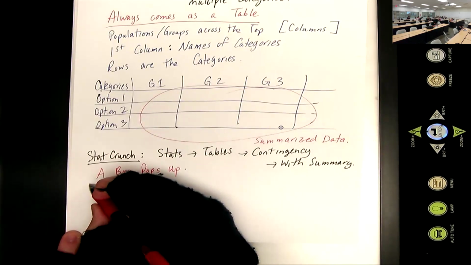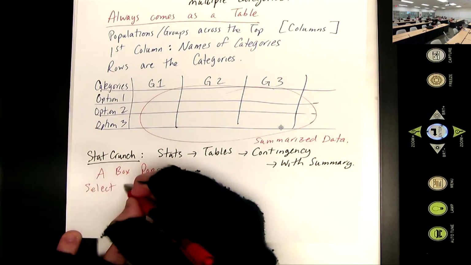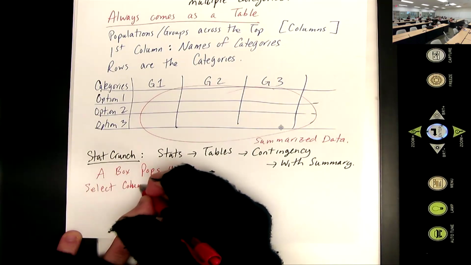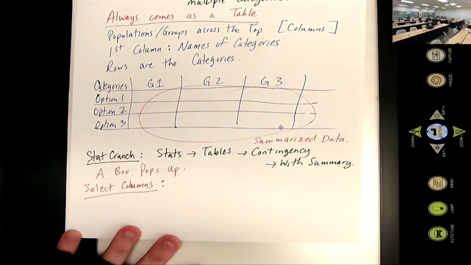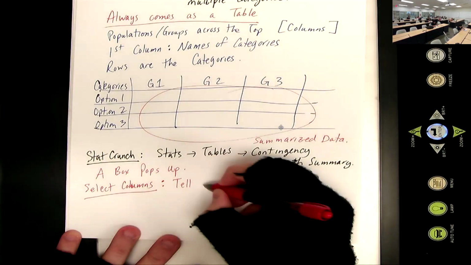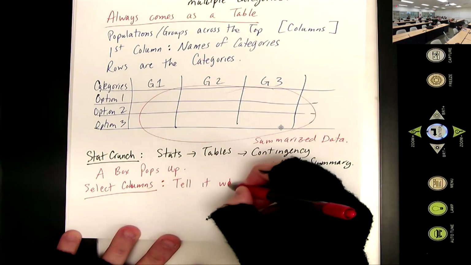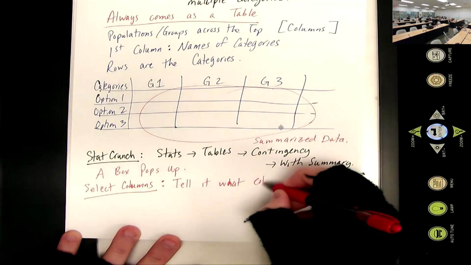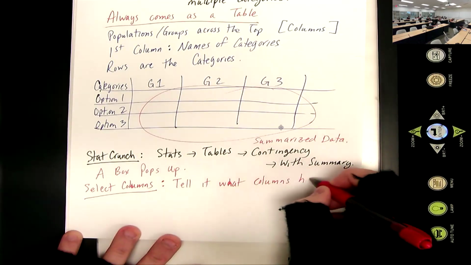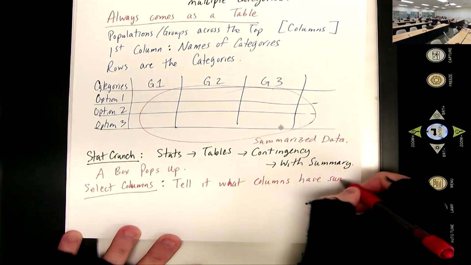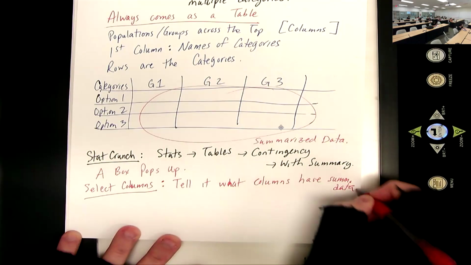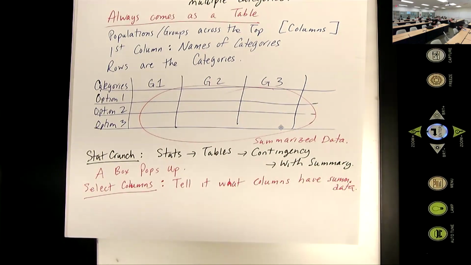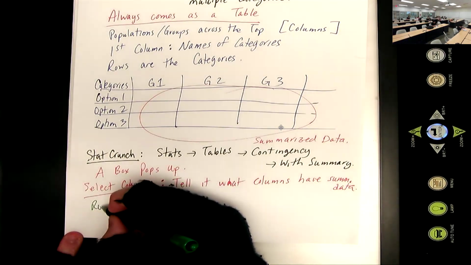It's gonna ask you to select columns. Tell it what columns have the summarized data, not the row labels, because the next box is gonna ask you where the row labels are.